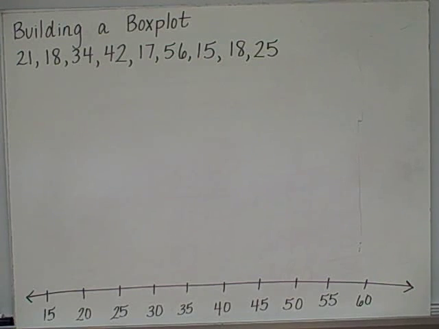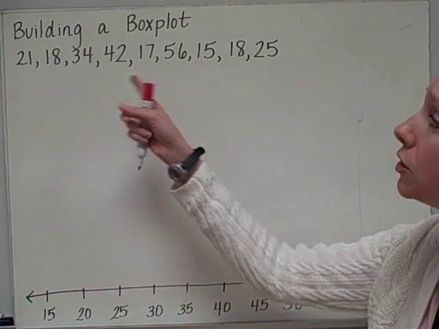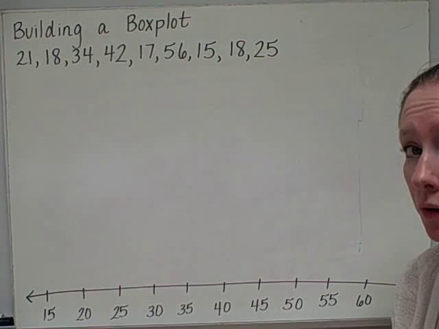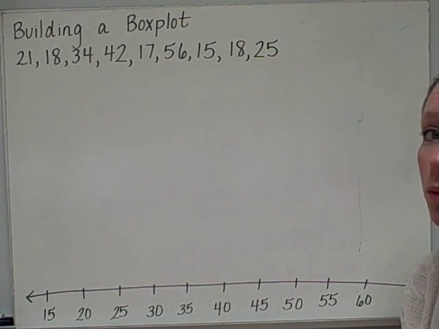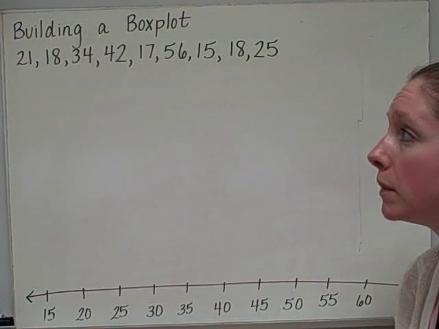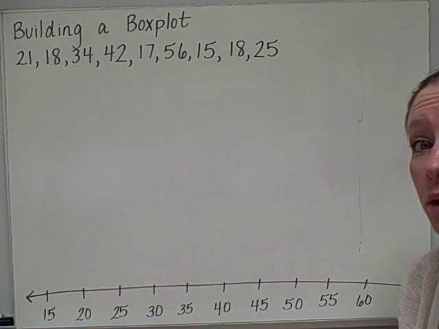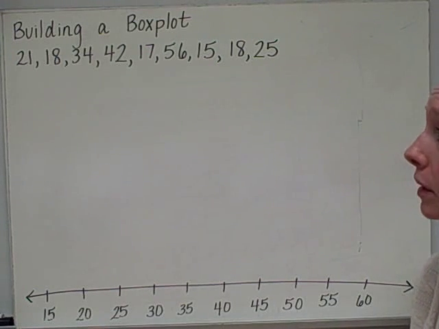Okay, we're going to build a box plot together. Here's our data values. Obviously, the first thing we need to do is put them in order. If we're going to be finding the median, and that's an important value, we have to find the middle number.